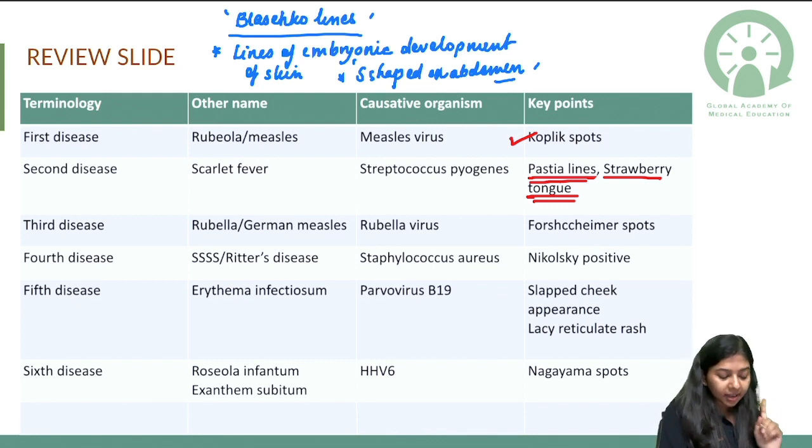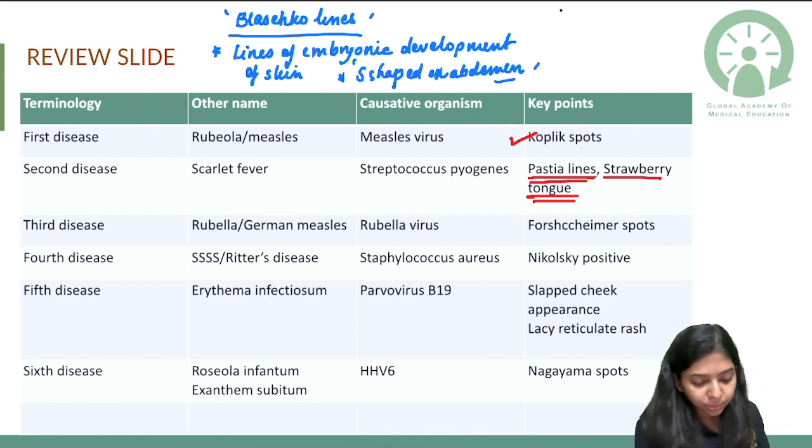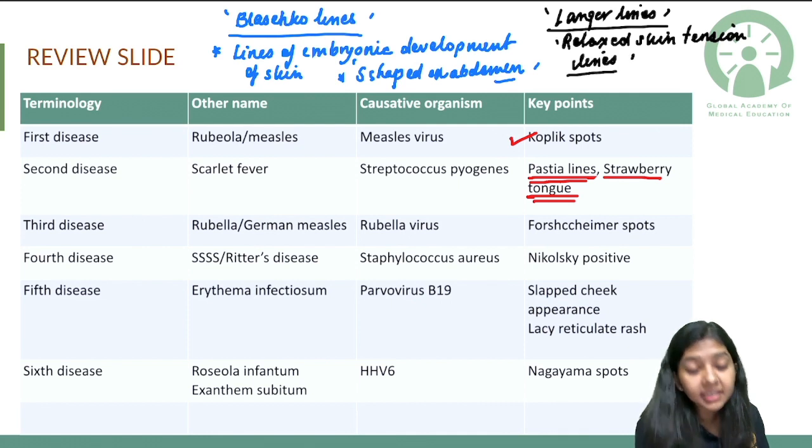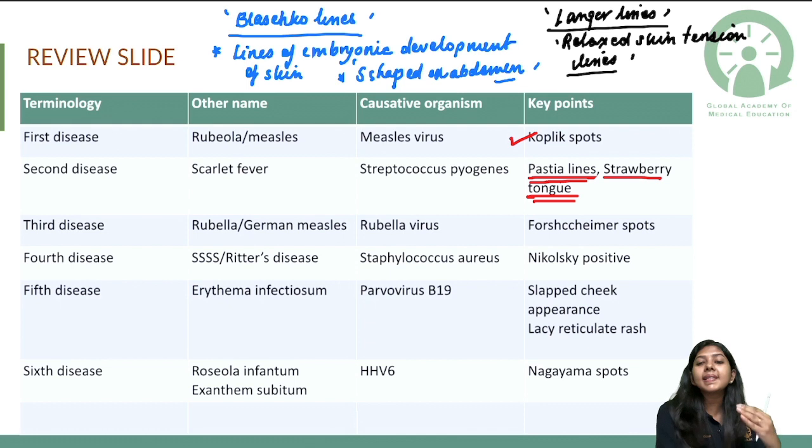Another lines, last one I promise, is Langer's lines, okay? Remember Langer's lines. Langer's lines are also known as relaxed skin tension lines, okay? What are these lines? These lines correspond to orientation of collagen fibers in the dermis.